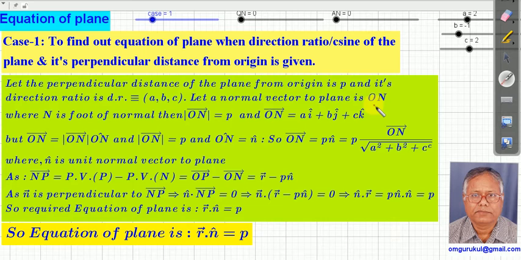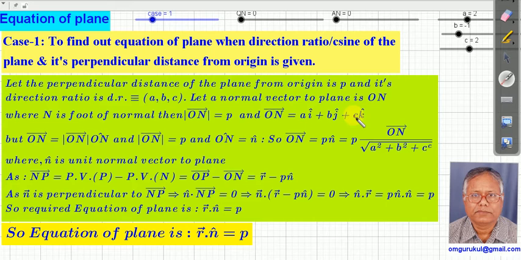Now let ON be a normal vector to the plane and N the foot of the normal. Then obviously the modulus of vector ON will be P, as the distance of the normal of the plane from the origin, and since the direction ratio is A, B, C, the normal vector to the plane, vector ON, will be AI plus BJ plus CK.